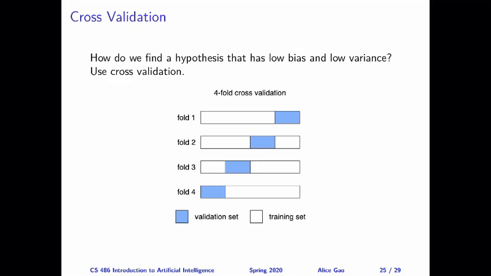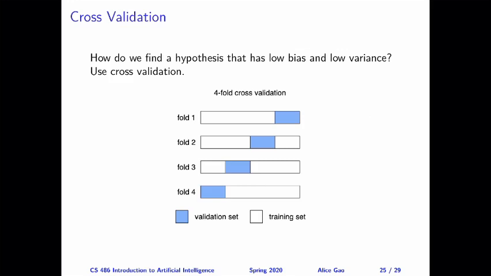Well, we only have access to our training set. So let's split up our training set, use part of it for training, and then use the rest of it as sort of an example of test data. Basically, that's all we have. So let's use part of our training data to mimic what test data look like so that we can use it to evaluate different hypotheses and choose the best one.